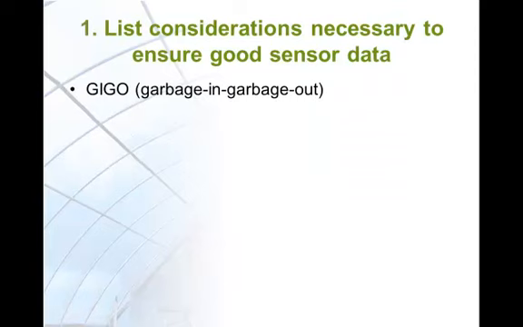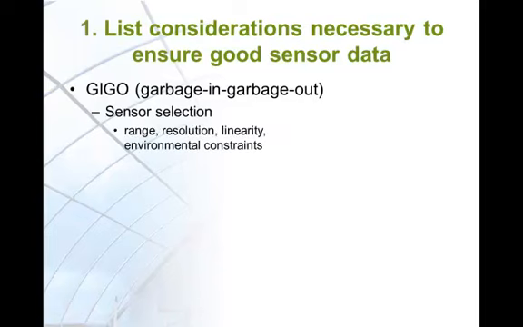Continuing with things we can do to ensure that we get quality data from our sensors, it is important to choose a sensor appropriate for the job. Sensors have different ranges, resolutions, linearities, and are designed for usage within specific environmental conditions such as a certain temperature, humidity, and CO2 range.